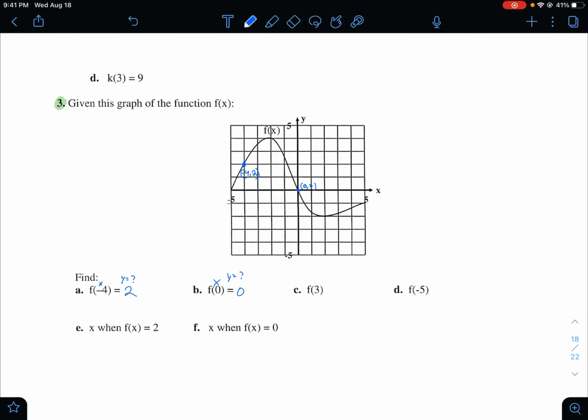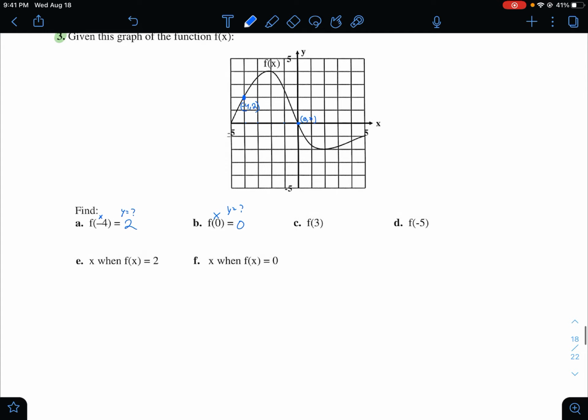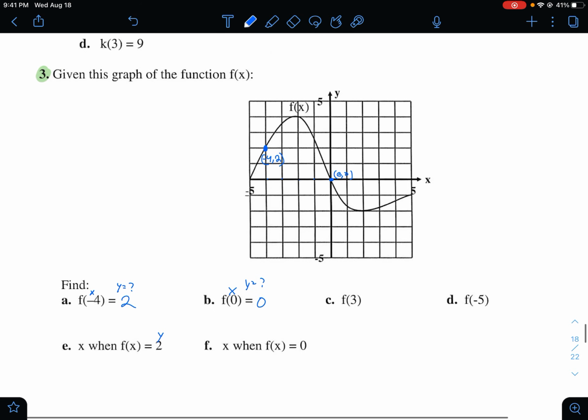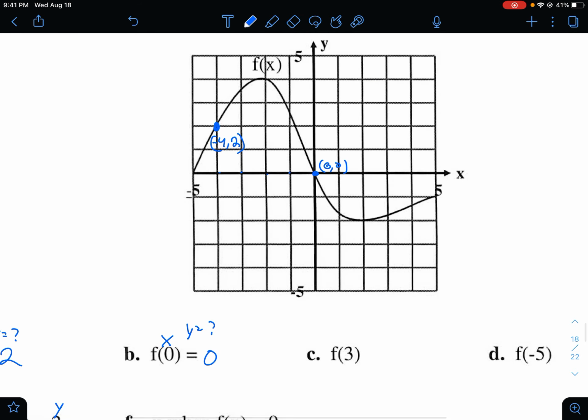Then it says find x when f of x is 2. So they're saying find x when your y value is 2. Now, when they do this flip-flop, where they give you the y value, you might have multiple x values that have a y value of 2. So I just highlighted y equals 2, the line y equals 2.